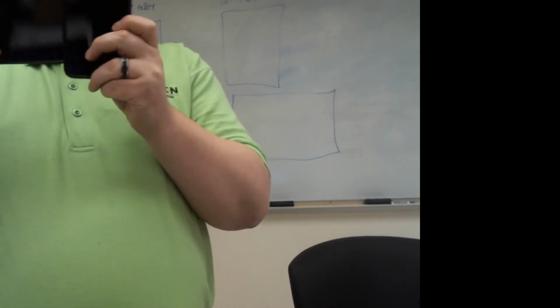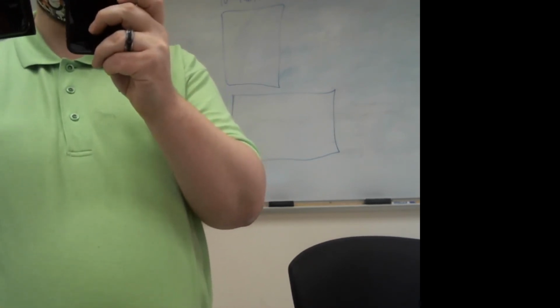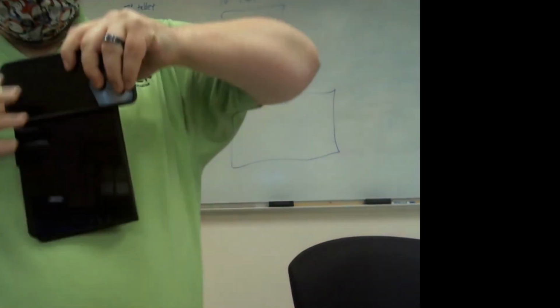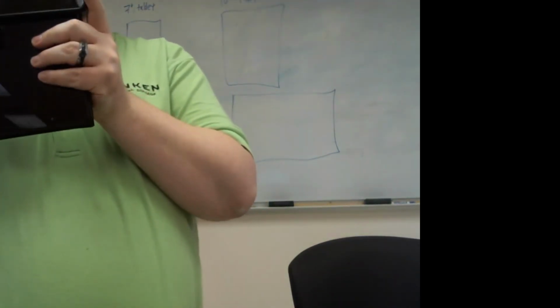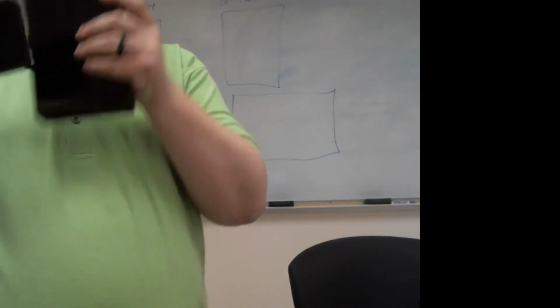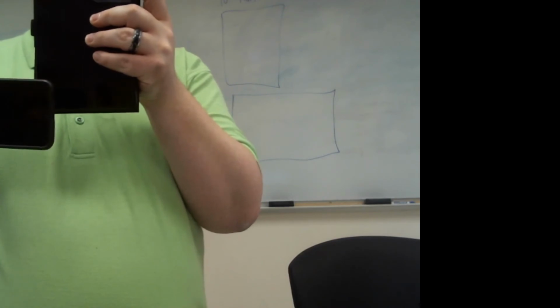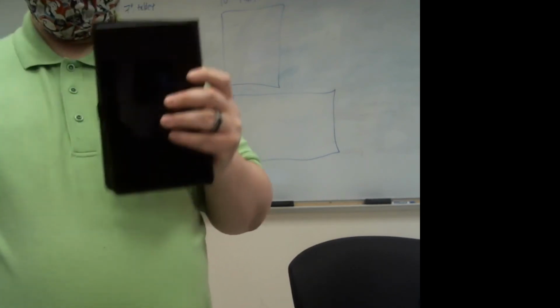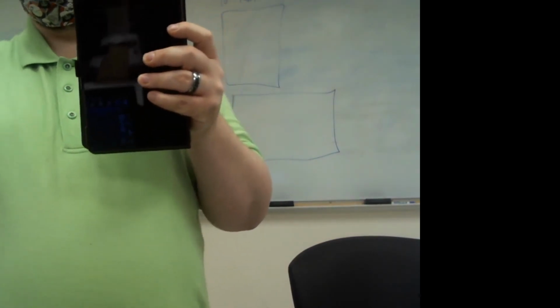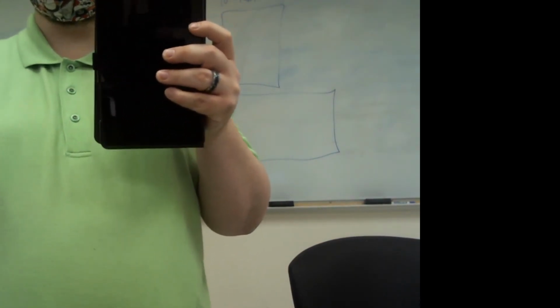Oftentimes 7-inch tablets have about the same height as a phone. So my phone in landscape is about as wide as a tablet in portrait, right? So I can use the same layout for this in portrait as this in landscape, generally speaking.